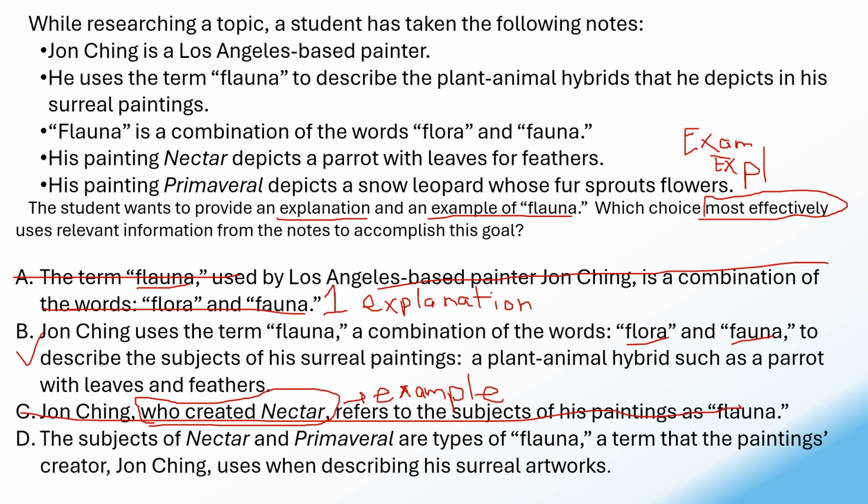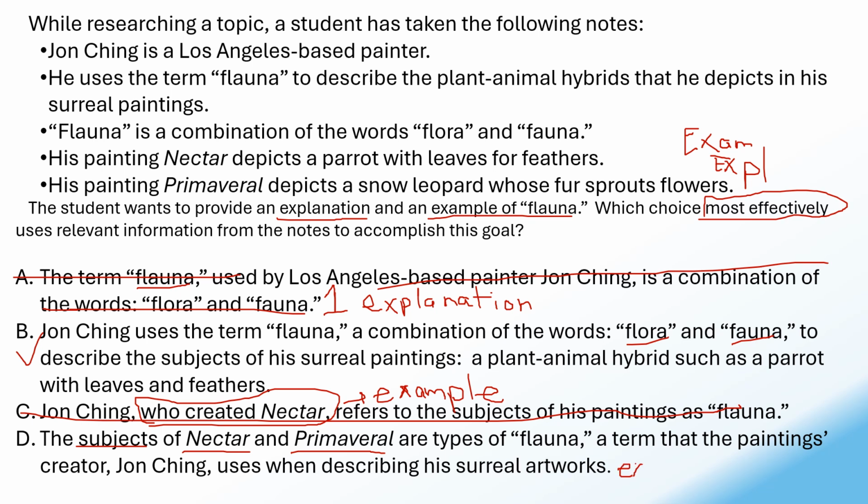The subjects of Nectar and Primavera are types of flora-fauna, a term that the paintings' creator John Chang uses when describing his surreal works. Now, your subjects of Nectar and Primavera are here. Do you know what his subjects are? So you have an example and you have a definition.